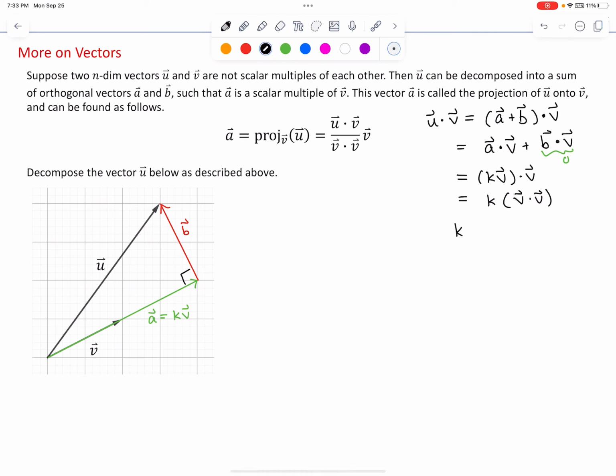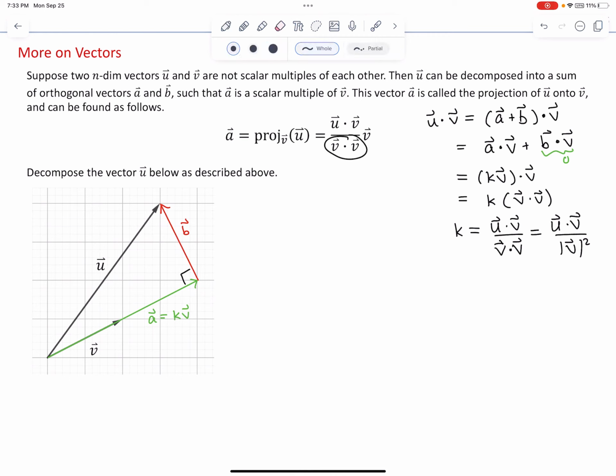And that gives me that scalar constant has to be vector u dot vector v divided by vector v dot with itself, which sometimes is written this way, u dot v over, and we've learned on the previous slides that a vector dot itself is its magnitude squared. So sometimes you see the formula written this way, where down here you see magnitude of vector v squared.